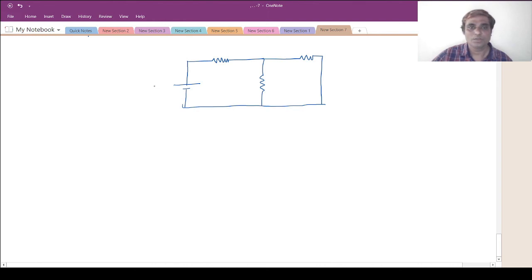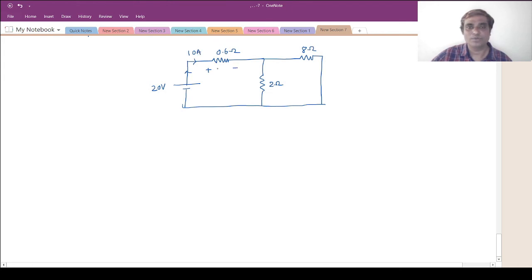This was 20 volt, this was 0.6 ohm, this was 2 ohm, and this was 8 ohm, and we have already obtained this current, which was 10 ampere.